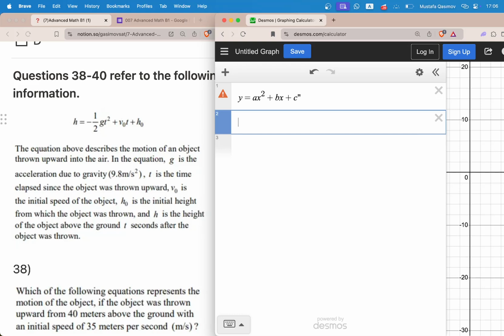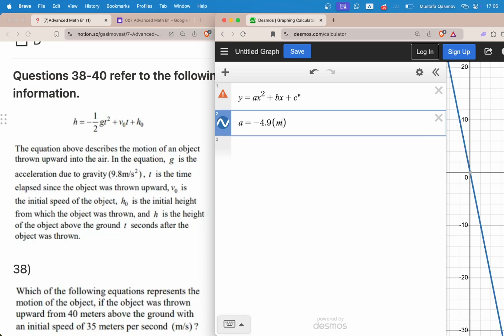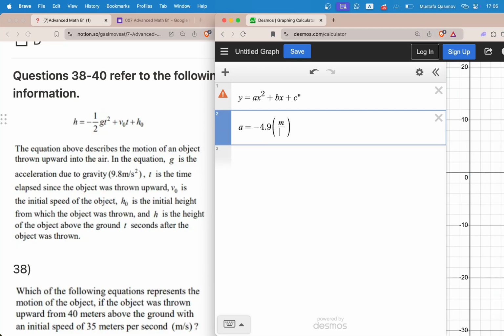Here a is equal to negative 4.9 if it is given in meters per second squared, and a is equal to negative 16 if it is in feet per second squared.